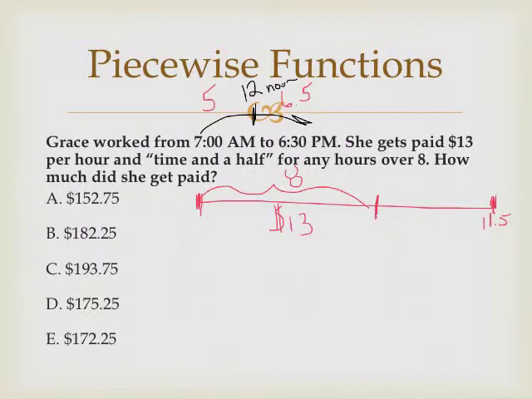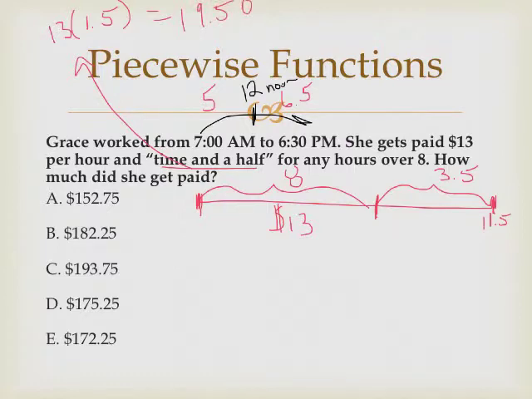After 8 hours, from 8 to 11.5, that's 3.5 hours, she's making time and a half. So 13 times 1.5 is 19.5, so $19.50 an hour. Not bad. Her rate for these last 3.5 hours is $19.50 an hour.